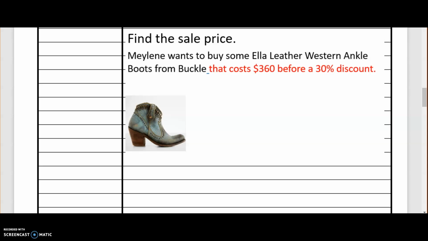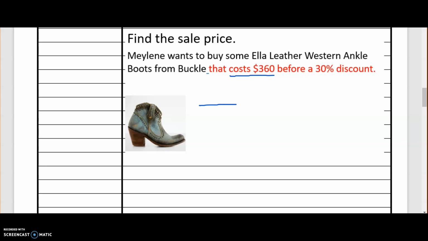So I guess some of the girls wanted to go get some boots and they look pretty expensive. They got them from Buckle. That's an expensive store at the mall. So the cost is $360 before a 30% discount. So we want to find out how much are they going to pay.